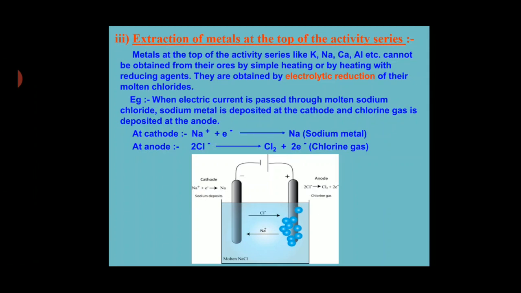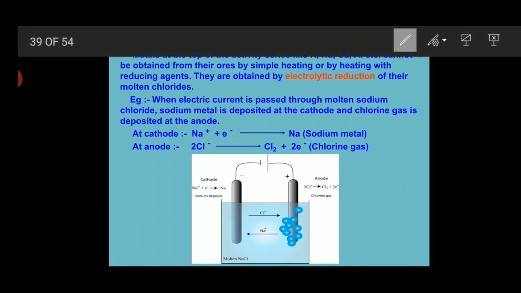So the third category is extraction of metals at the top of the reactivity series. Generally, potassium, sodium, calcium, aluminum are considered highly reactive metals, and they are always present in compound or combined form.